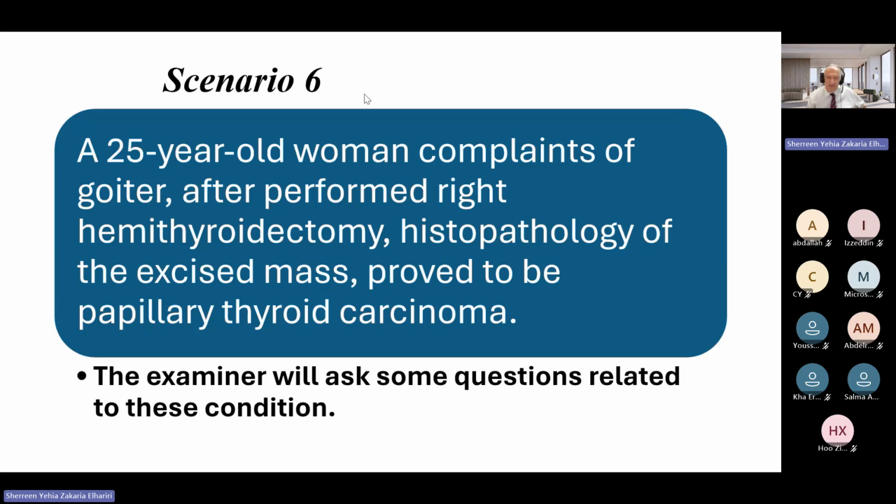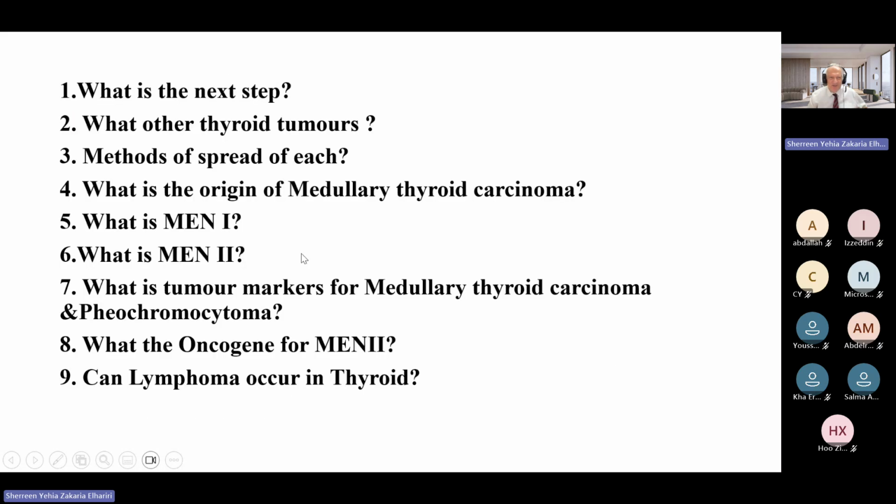If you look into this script, the patient is 25, so young. Papillary thyroid carcinoma occurs at around the age of 20. And they had a right hemithyroidectomy. Usually in papillary carcinoma, some prefer to do completion or total thyroidectomy. So of course, it is papillary thyroid carcinoma.